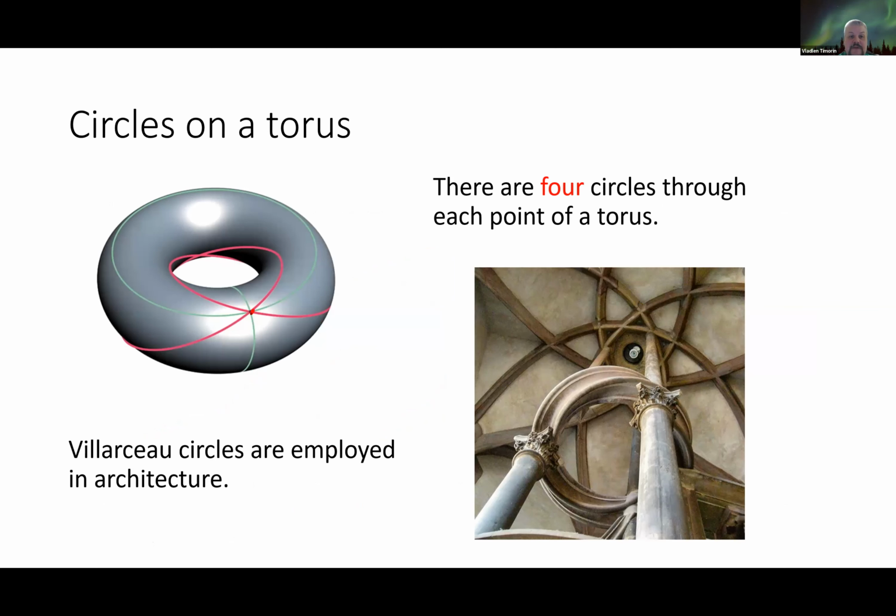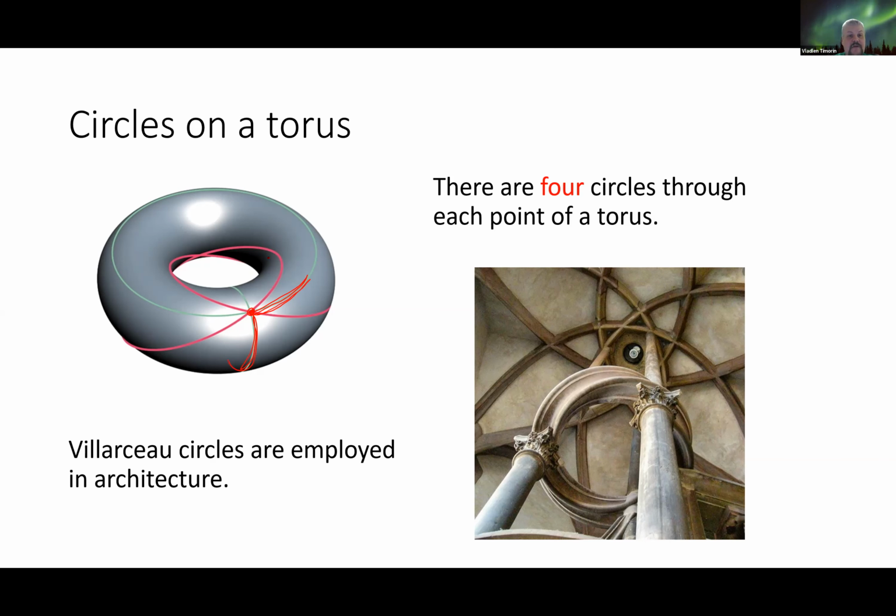Because if you take any point of a torus, then you can draw a parallel, which is a circle, a meridian, which is also a circle, and two Villarceau circles, so that through every point of the torus you can draw four circles, and this is a rather special geometric property of the torus.